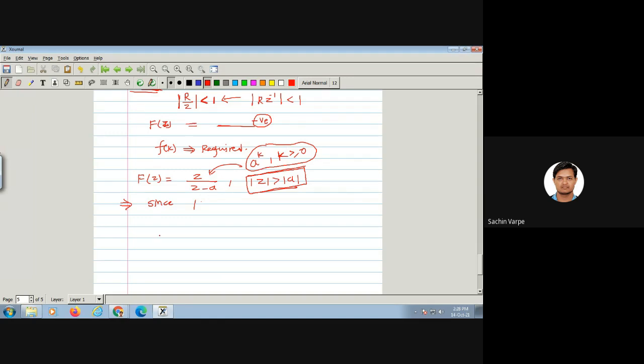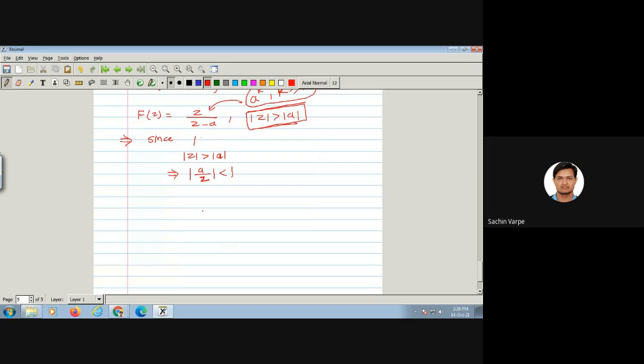So let us prove it now, and check whether it will be a raised to k for k greater than or equal to 0 or not. Since we are given mod of z is greater than mod a, what is less than 1? Therefore mod of a by z is less than 1. Right? So I'll try to write the given f of z in terms of a by z.